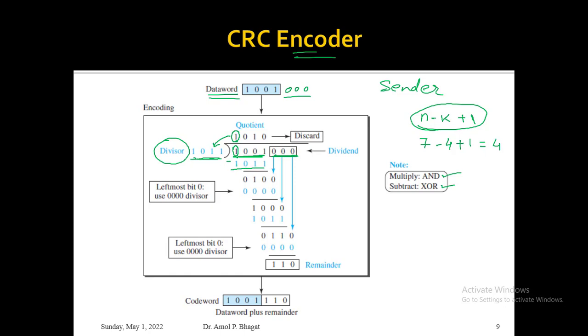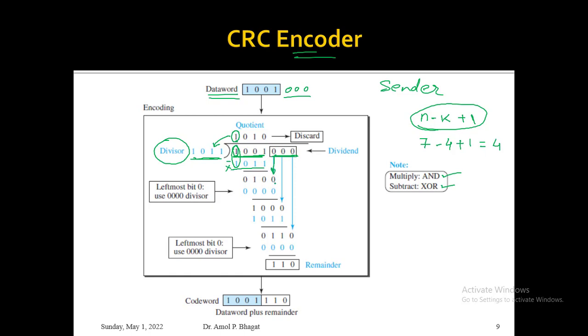Now subtraction will be performed. Subtraction is nothing but simply the XOR operation, right? So 1 XOR with 1 will be 0, 0 XOR with 1 will be 1, 0 with 0 will be 0, and this will be simply eliminated. Then again the next bit has been taken from that dividend, so it is 0.